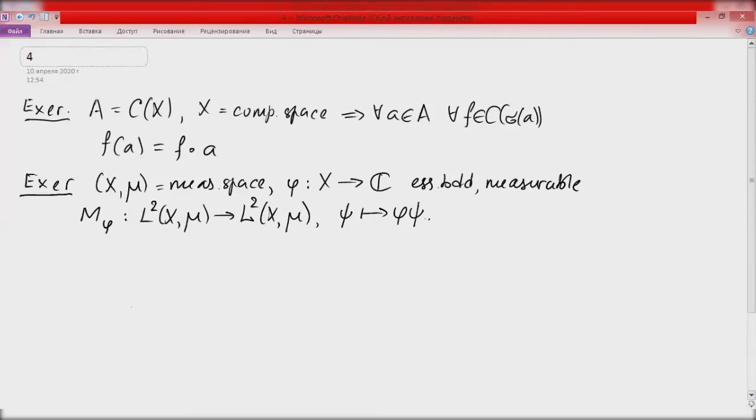So I claim, and this is an exercise, that f applied to m phi, the continuous functional calculus for the multiplication operator, is given by the following explicit formula. This is the multiplication operator by f composed with phi. So here f is a continuous function on the spectrum of m phi.